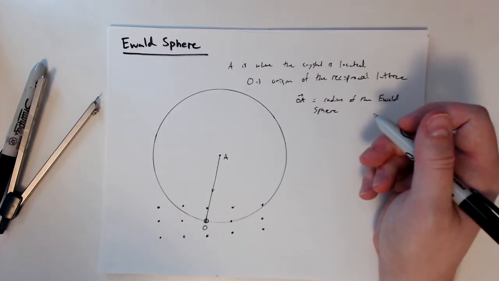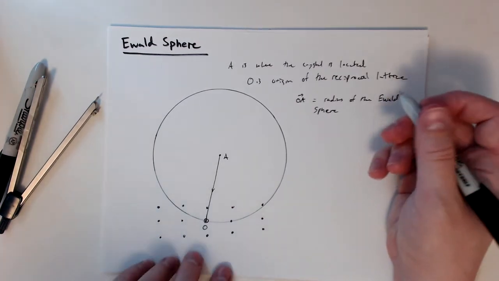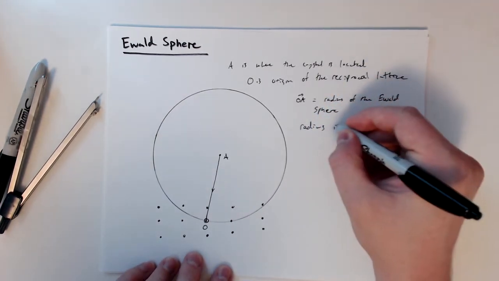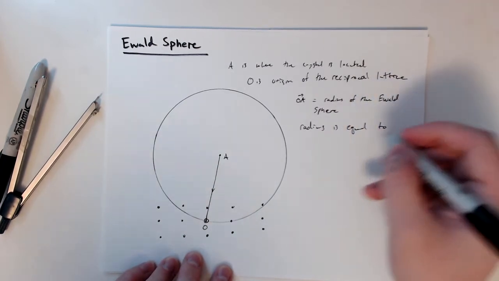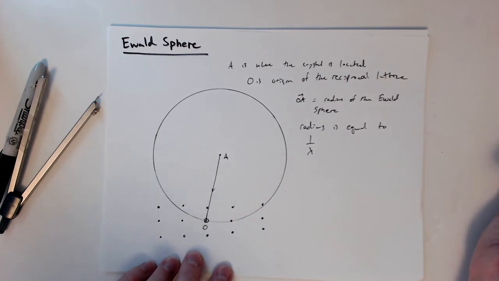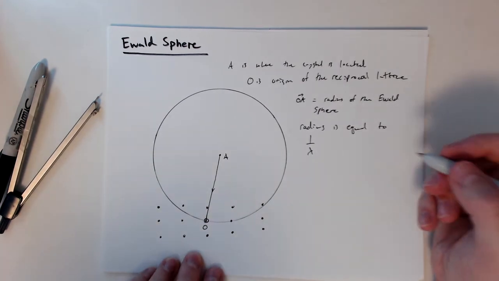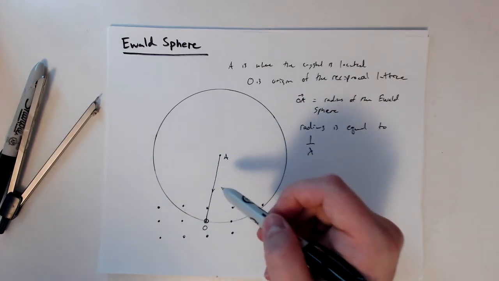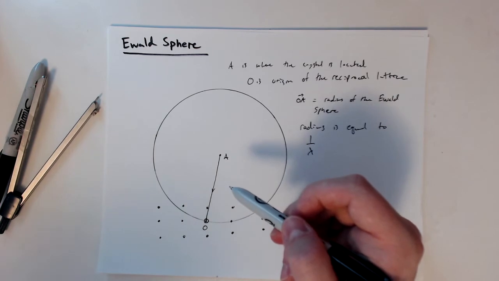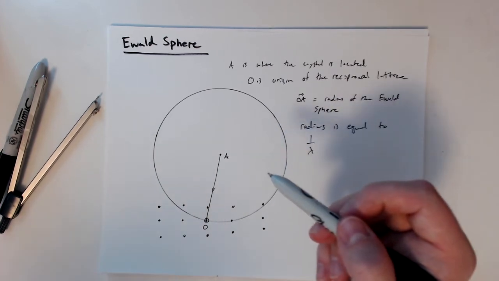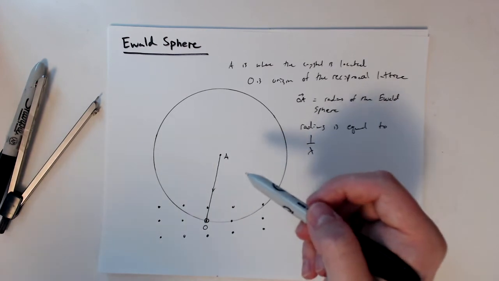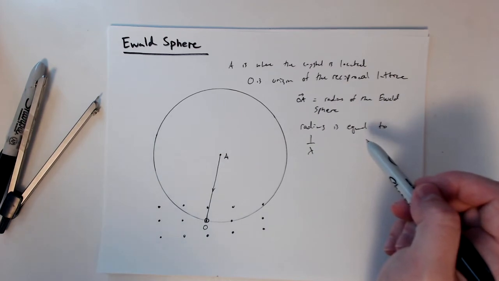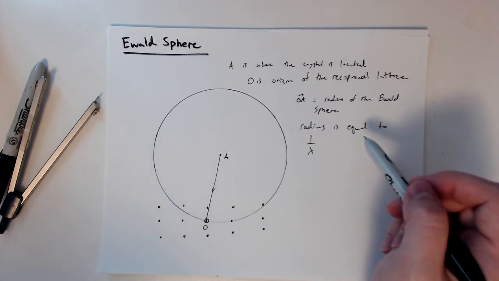The important thing about the Ewald sphere is that the radius is equal to 1 over the wavelength, lambda. The radius I've drawn depends on the wavelength of X-rays that I'm using in the experiment. I've drawn it in the sketch randomly, but it's tied to the reciprocal of the wavelength. That's very important for this.